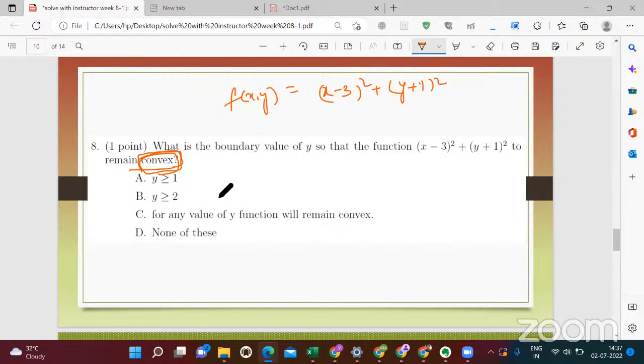So this will be for any value, right? Because if you write the Hessian matrix, can somebody tell me what the Hessian matrix value is?